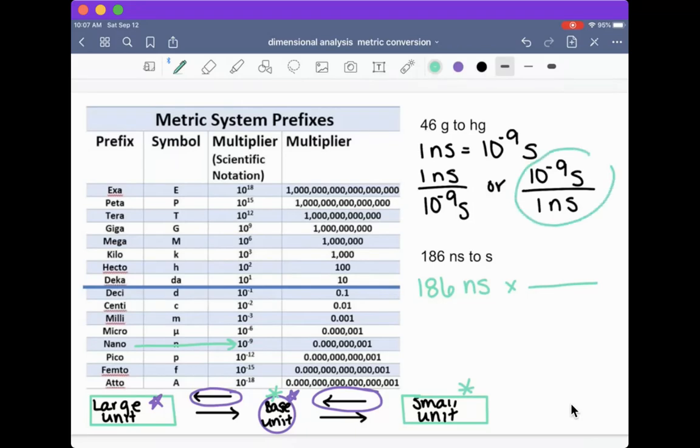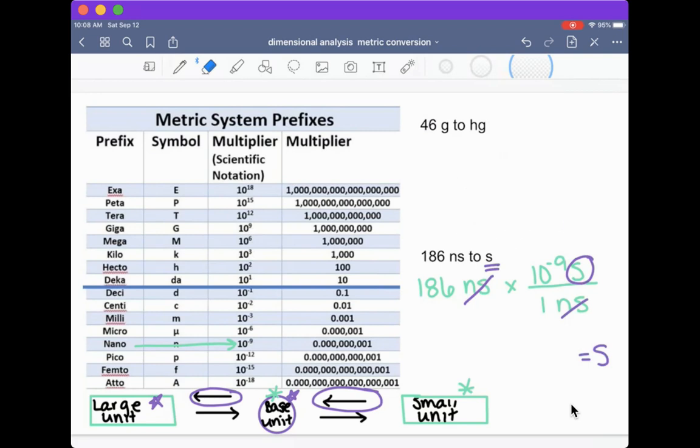So this is the form that we're going to want to use: 10 to the negative 9 seconds over 1 nanosecond. When I set this up, we see that nanoseconds will cancel and we will be left in seconds. The nice thing about this is the answer says that's what we want the unit in. So we know we've set up our problem correctly.